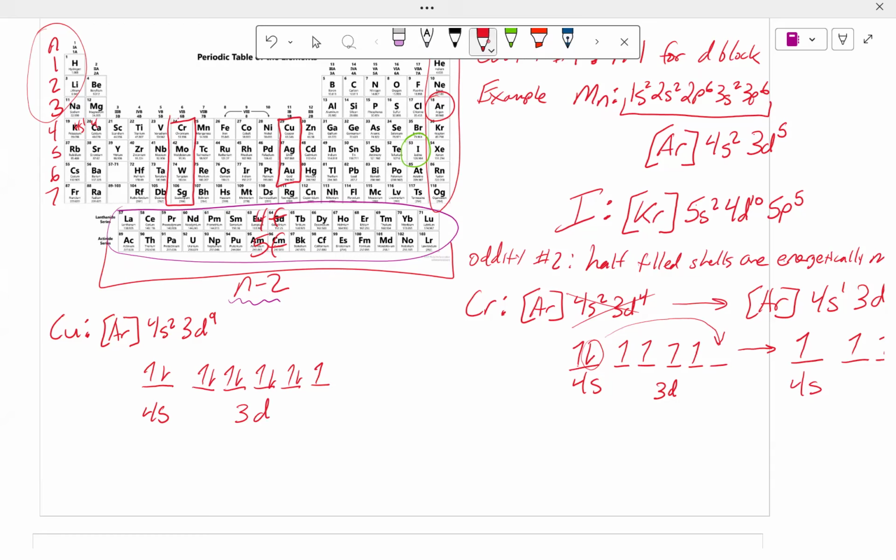Now it's energetically more favored to have this subshell be filled, so I'm going to move this electron over to the 3d subshell. And so the 4s is half filled, and my 3d is completely filled.